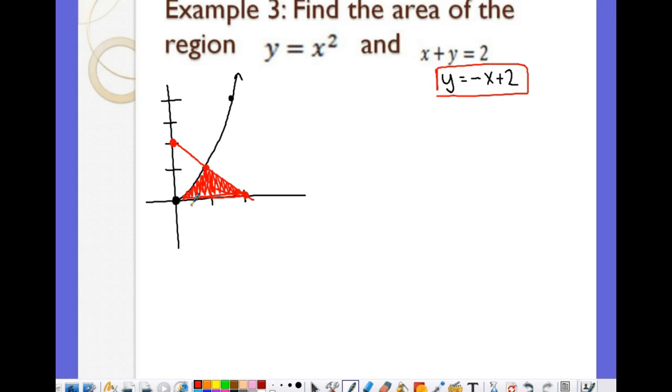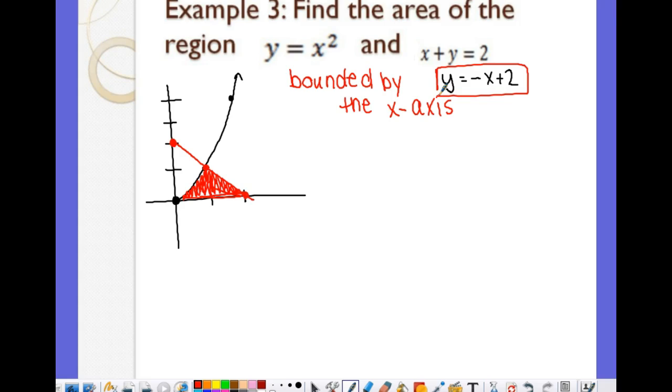We'll just do it. Just say bounded. You can say that, or I was going to say bounded by. Okay. It can still be bounded by it.